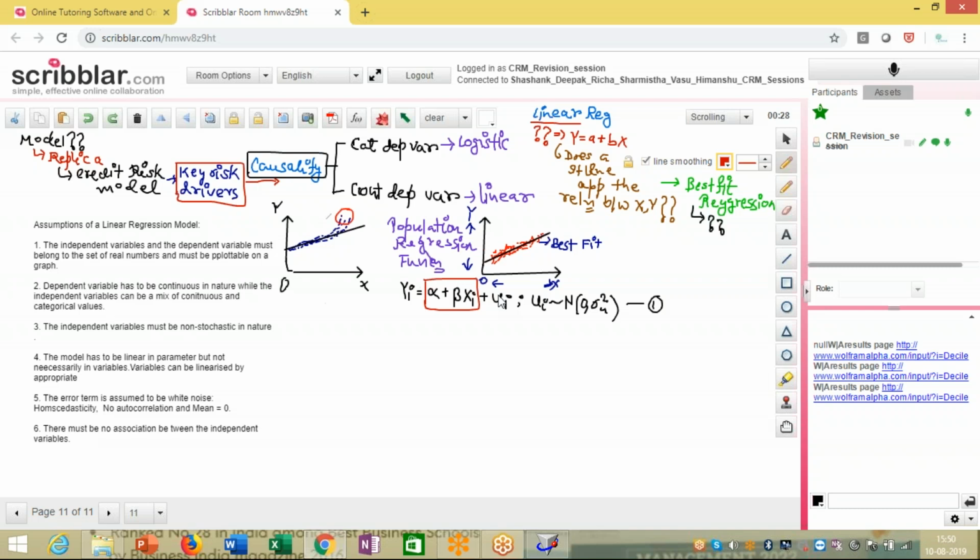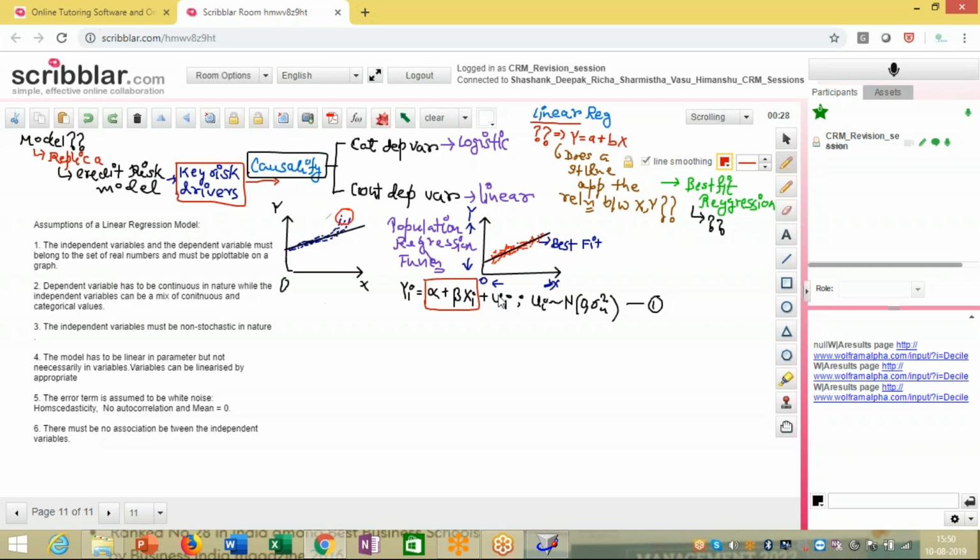So this ui is normally distributed with a mean 0 and a variance sigma square u. So there is an element of randomness involved in this, right? This is something that we have already seen.